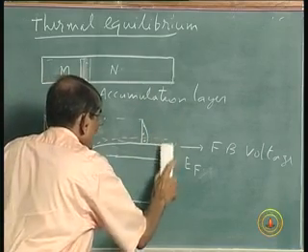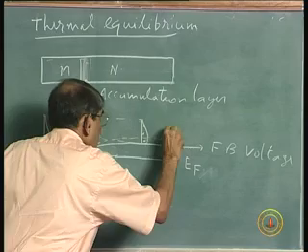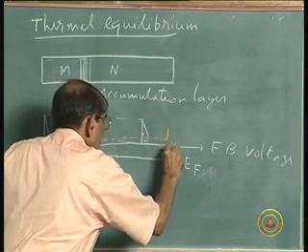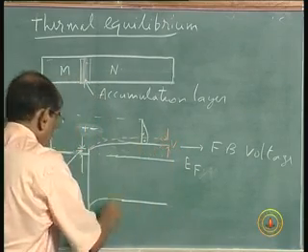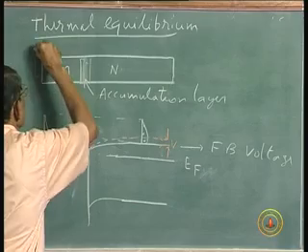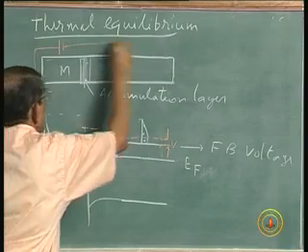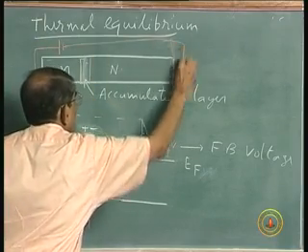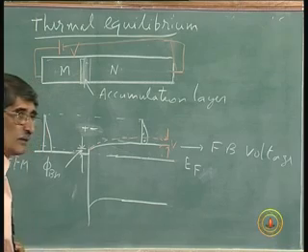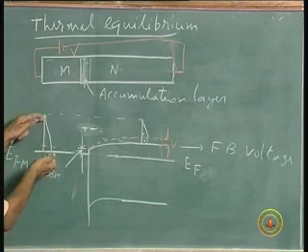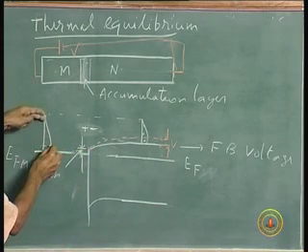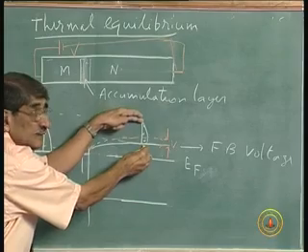Let me just put it down a little bit away. That is the forward bias voltage V by which it has gone up. Distribution here does not change. What was above this was matching with that originally. Now, this has gone up.